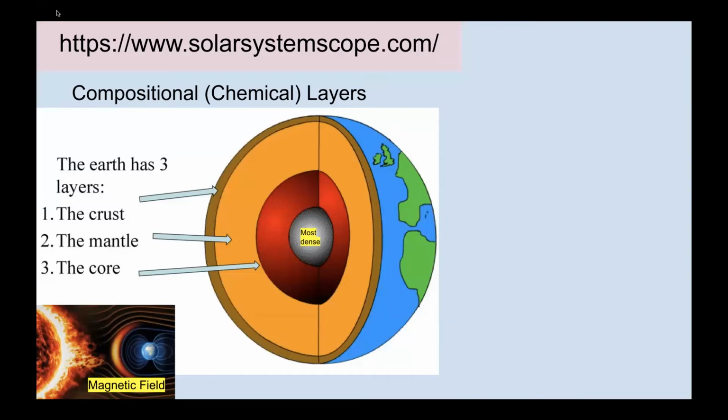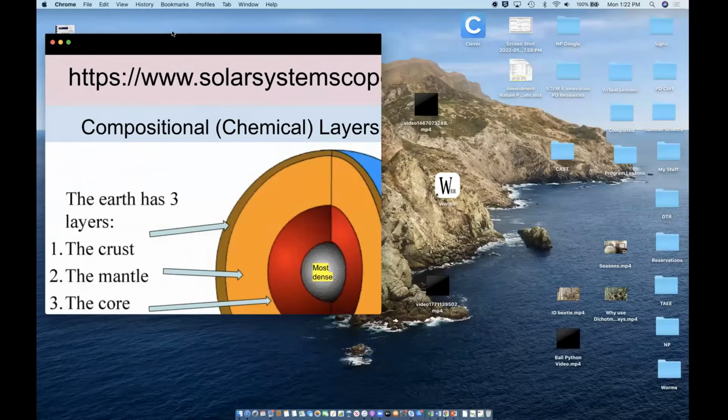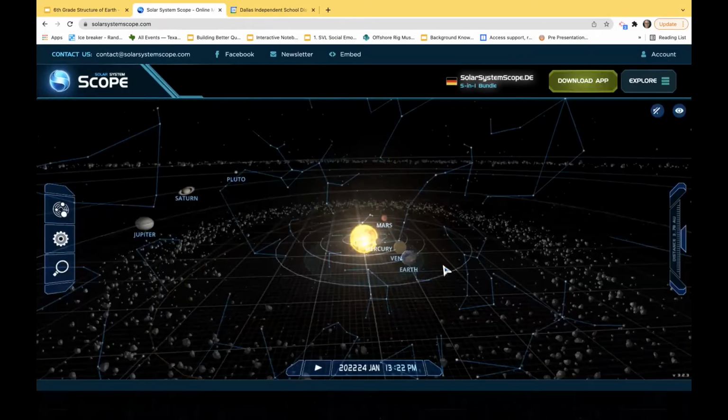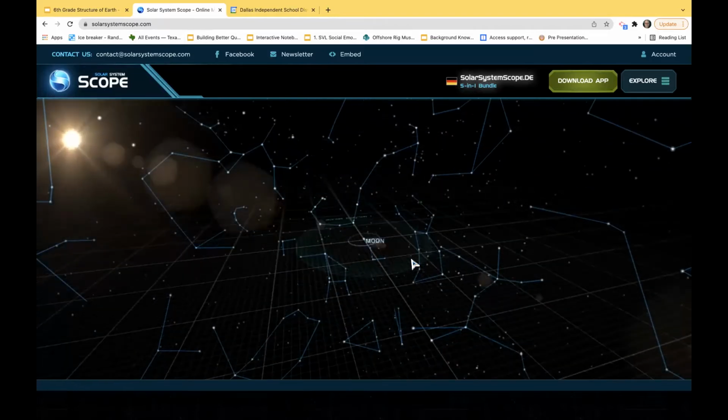Let me go ahead and get out of this so that you can see our website. This is a free app that you can use. It's solarsystemscope.com. Since we're learning about planet Earth, we're going to zoom in to planet Earth and take a look at those interior layers.